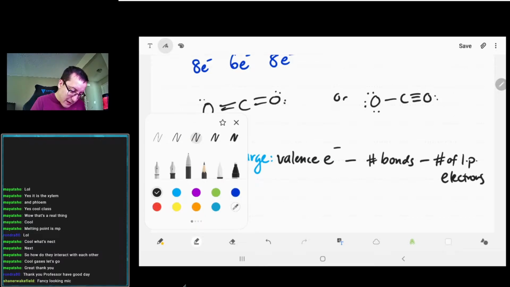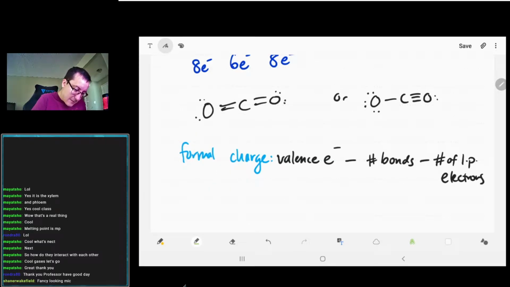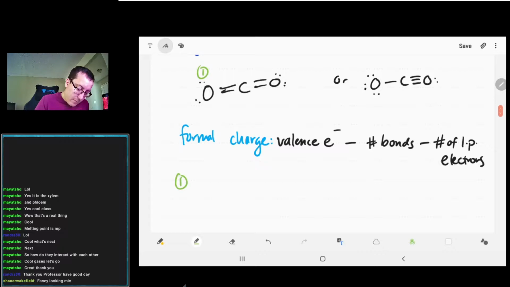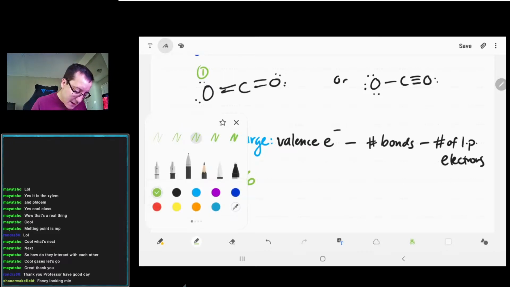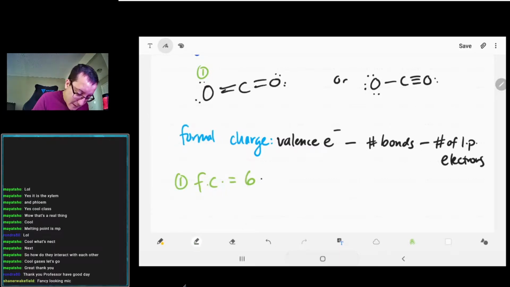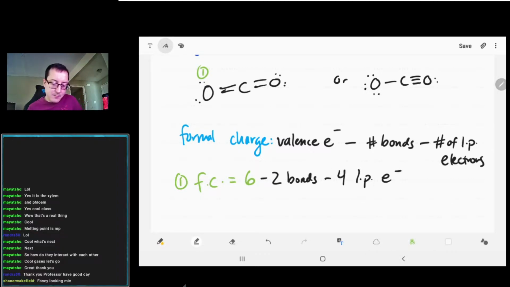So let's look at this oxygen right here. The formal charge is going to be equal to 6, because it has 6 valence electrons. Oxygen has 6 valence electrons. It looks like we have 2 bonds on it, minus 4 lone pair electrons.